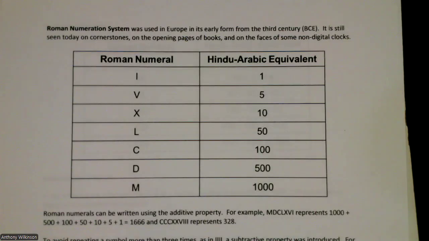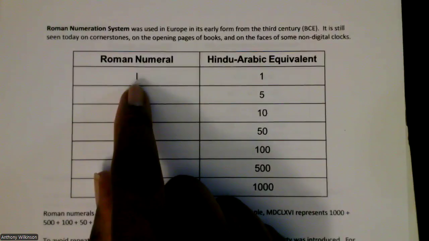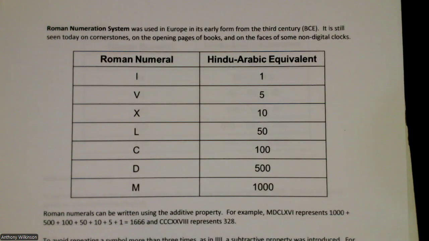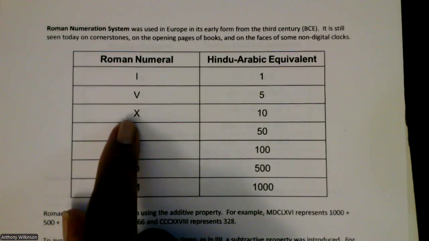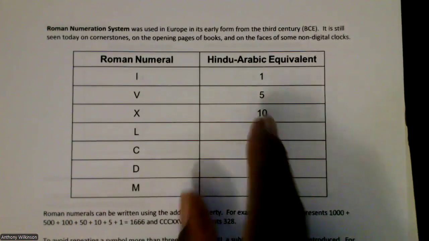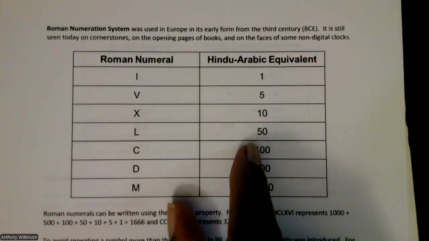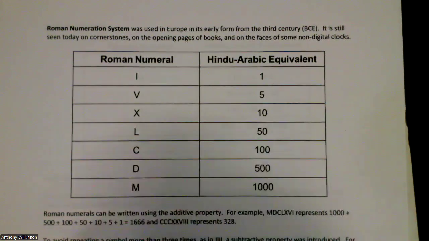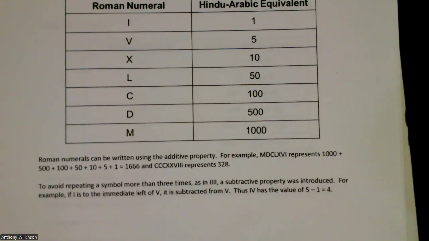That's what they're using there. So here in the Roman numeral system, the I represents the number 1, the V represents 5, the X represents the number 10 in our Hindu Arabic numeration system, the L represents 50, C represents 100, D represents 500, and the M represents 1,000.